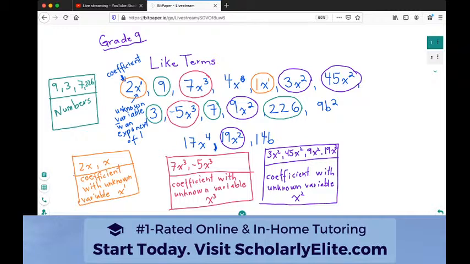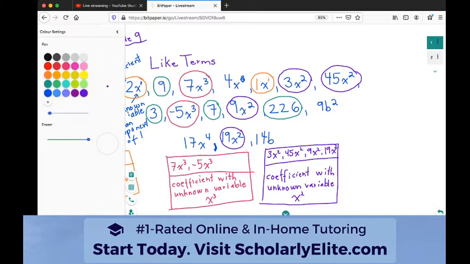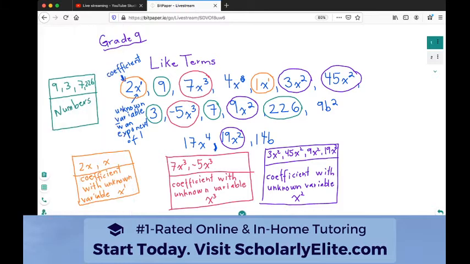All right, so up next, we've got a couple things left. We've only got 4x to the power of 8, 9b squared, 14b, and 17x to the power of 4. So none of these are like terms, so I'm just going to give them each their own section. So 4x to the power of 8. You know what?